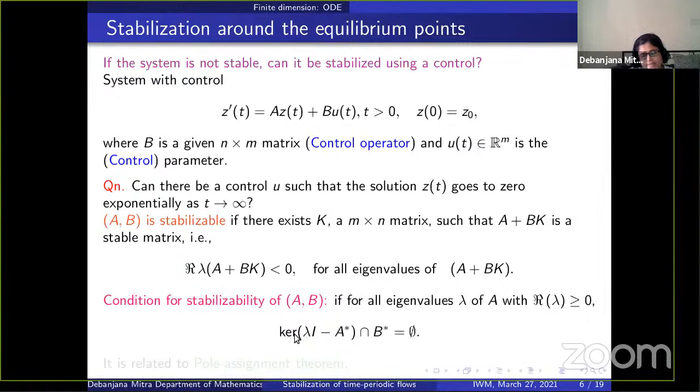When your answer is yes, it means that you check the condition and you showed that (A, B) is stabilizable.